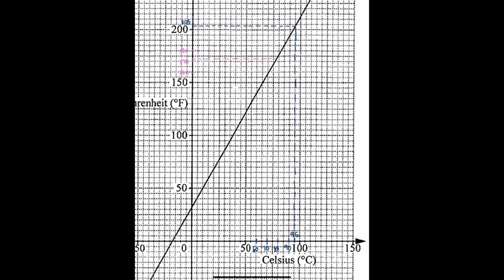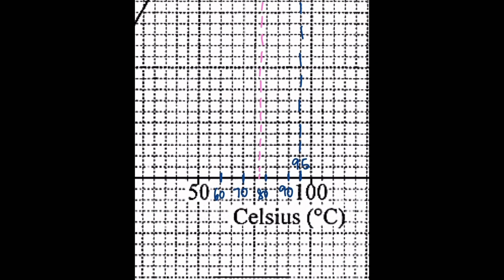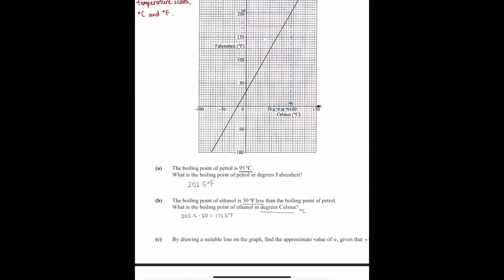You can draw a dotted line to meet the straight line, and then a dotted line down to meet the horizontal axis, so that you can find the corresponding value for degrees Celsius. Over here, it's about three-quarters of the way to 80, so the value is 77.5. So the answer for part B from the graph is 77.5 degrees Celsius.